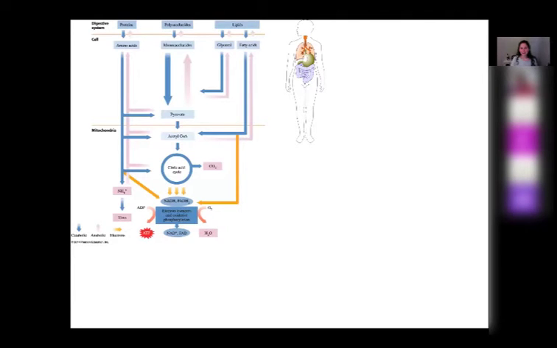So here's an overview of all metabolic pathways in your body that we talked about in chapter 12. We focused on the blue arrows, which are catabolism, and some of the pink arrows are mentioned briefly, which are anabolism, or basically building back up.